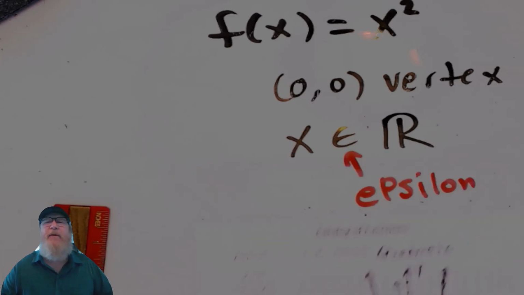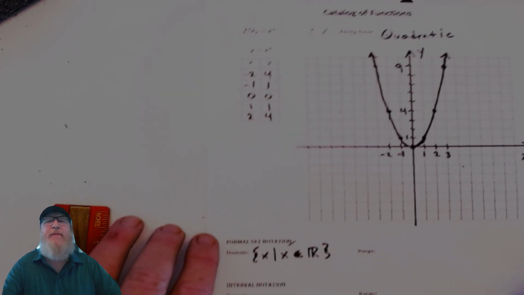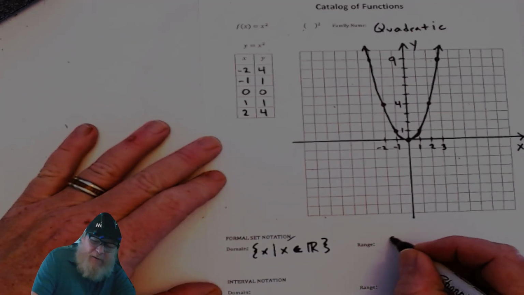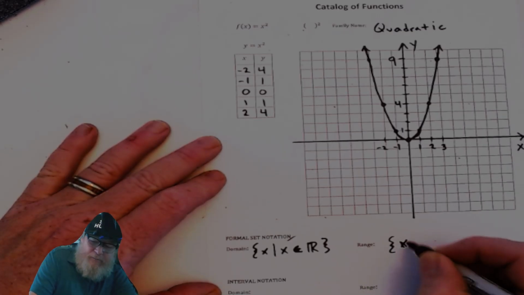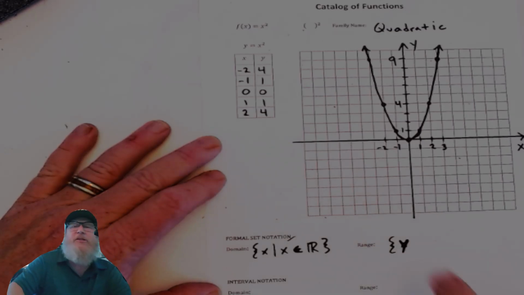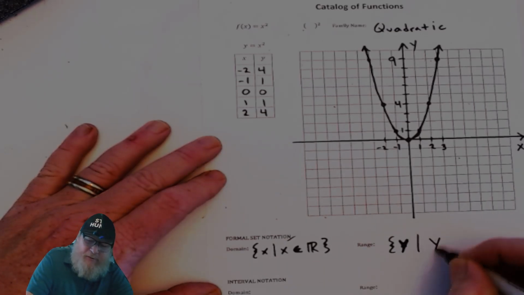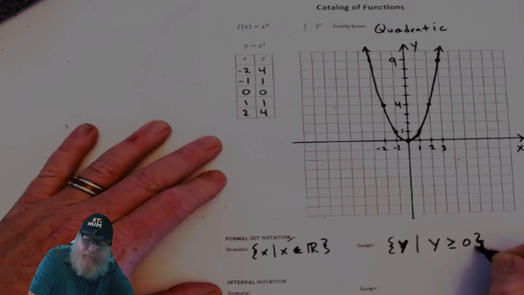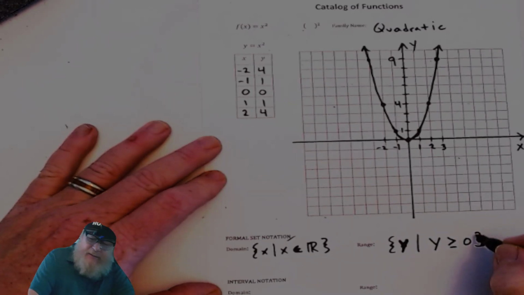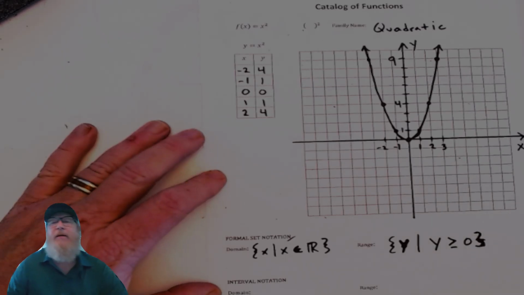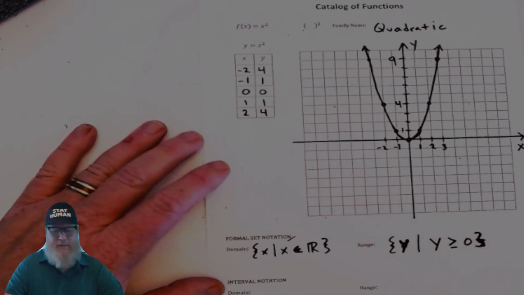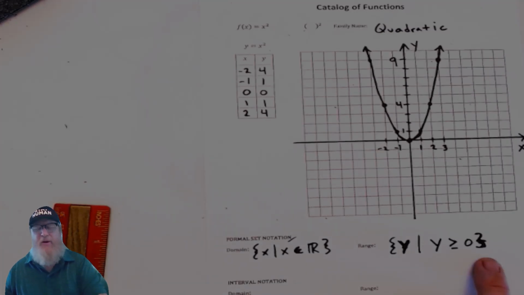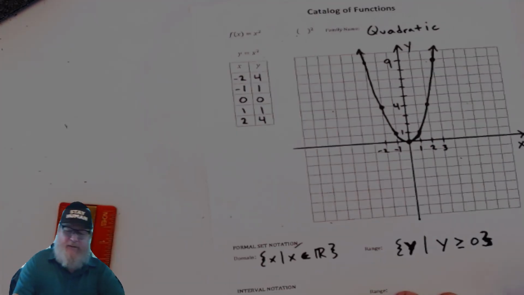You've probably gotten used to that about my course, that I often say the same thing several different ways. The range, on the other hand, must be y values. Just like in the previous example, the set of all y such that y is greater than or equal to 0. Sorry about that, that one could have been done better.